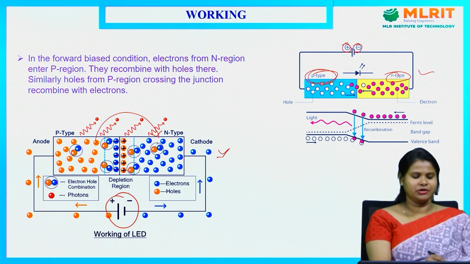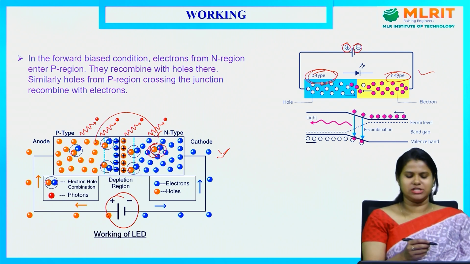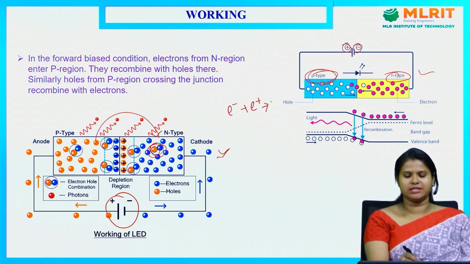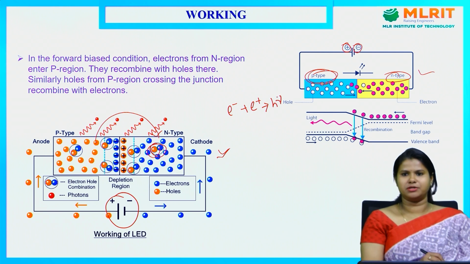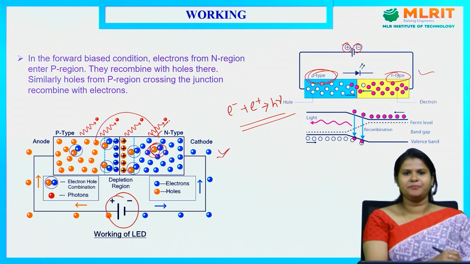Here we can see the electrons and holes recombining with each other. When they recombine, photons are produced. In a direct band gap semiconductor, electron hole recombination results in the production of photons. That's why photons of energy h nu will be emitted.